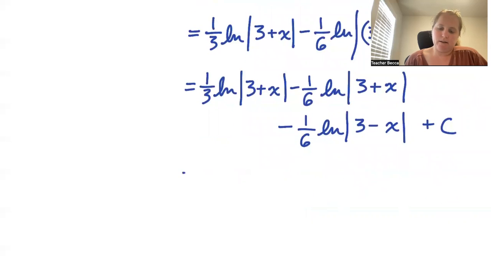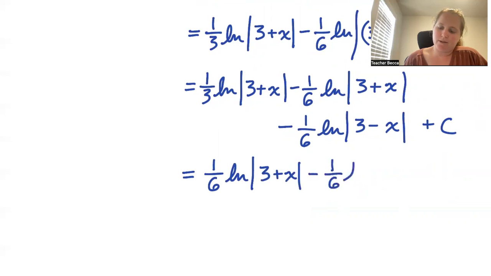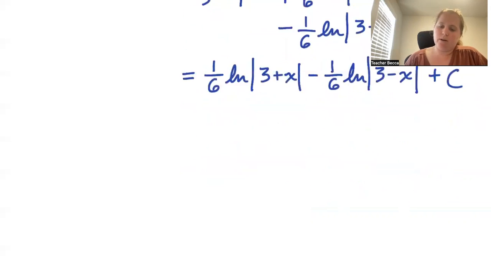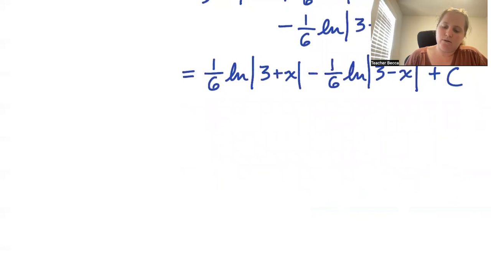And we get positive 1/6 times the natural log of the absolute value of 3 plus x, minus 1/6 times the natural log of the absolute value of 3 minus x, and then plus c for our antiderivative. From here, we can go ahead and find the definite integral.